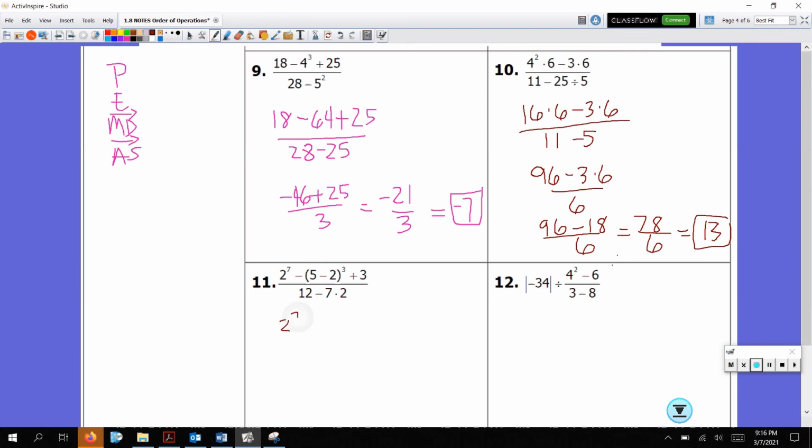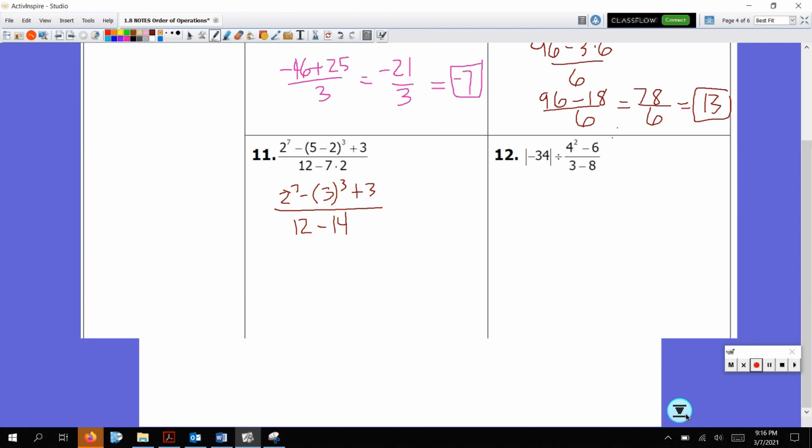That gives me 2 to the 7th power minus 3 cubed plus 3. Over, and then in the denominator, 12 minus 7 times 2. Well, minus 7 or negative 7 times 2 comes first. That gives me negative 14 here. And then the 12.